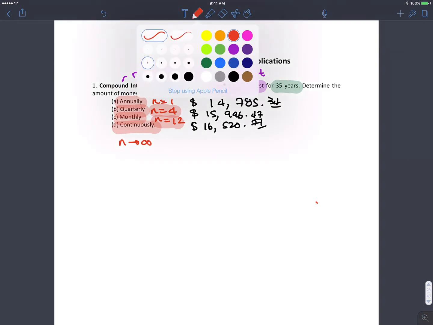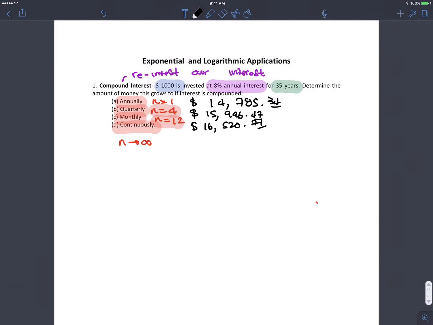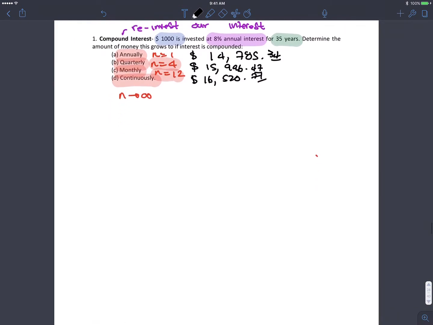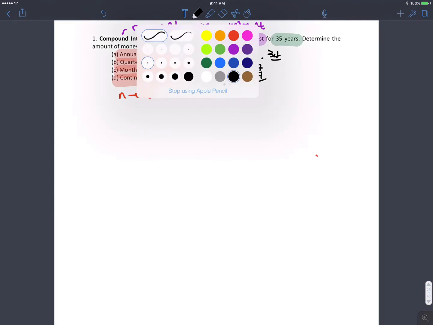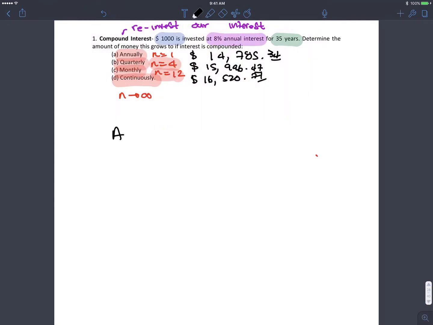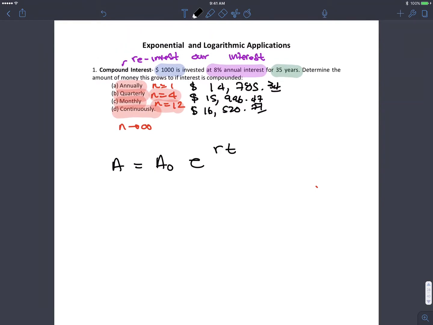Now, we have again the continuous interest formula. We discussed how we got this in class. A is A naught e to the rt power is our continuous interest formula, and e is the exponential number. So remember that e is approximately 2.718. It's the exponential number, and this is what we're going to use.